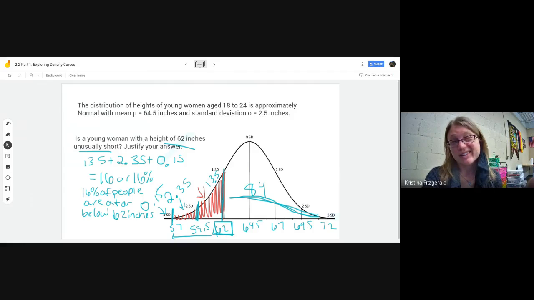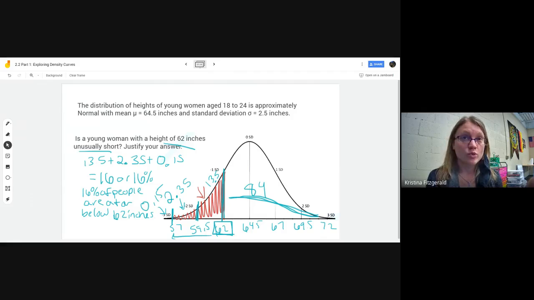If I think about it, that also means there's 84% of people taller than her, because this whole picture adds up to 100% or one, the area underneath. So she's not super tall. We could probably say she's below the 25th percentile. There's only 16% of people shorter than her in this distribution. So she's kind of short.